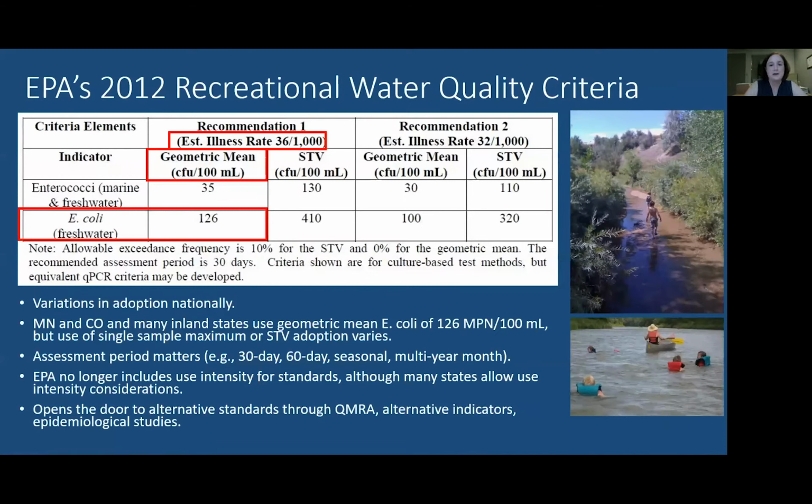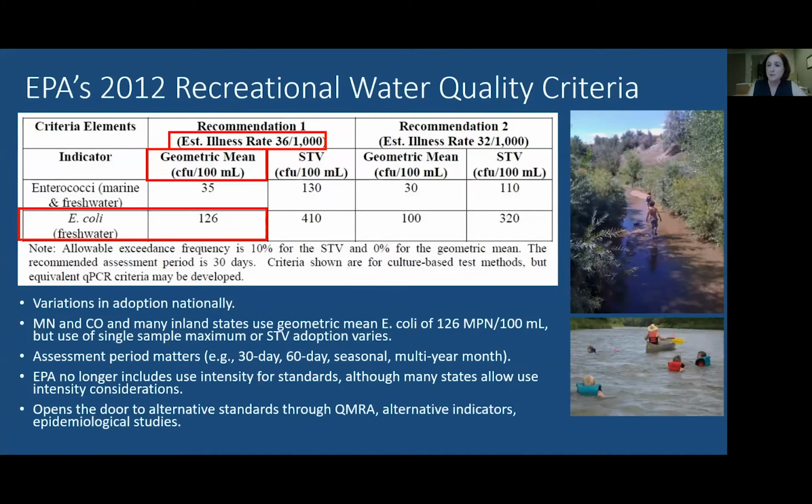Also, as a basic starting point, the recreational water quality criteria around the country do vary a bit. And so as a common starting place, I wanted to introduce EPA's 2012 recreational water quality criteria. EPA provides several different options there in terms of indicators and allowable illness rates.